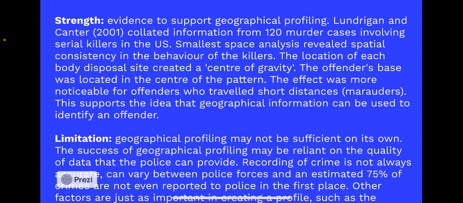The location of each body dispersal site created a centre of gravity, and the base was often located at the centre of the pattern. So it was more noticeable for offenders who travelled short distances, marauders, and it supports the idea that we can use geographical profiling to identify an offender, because we've seen evidence of geographical patterns in crimes that have already been committed.